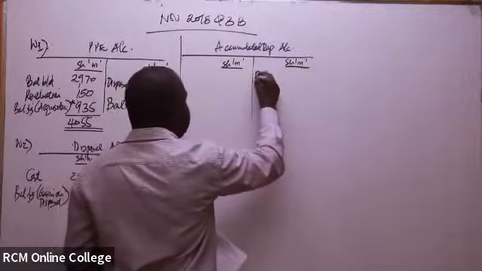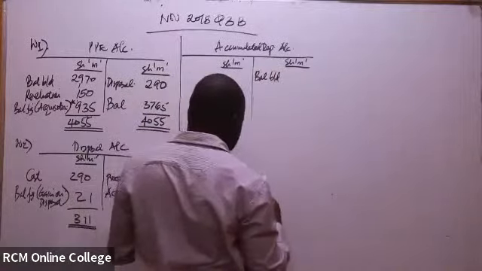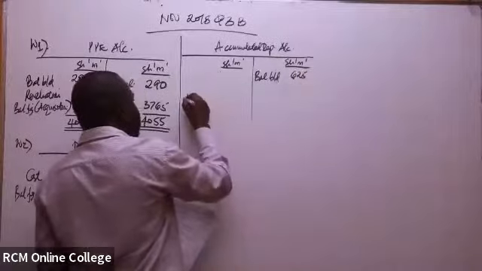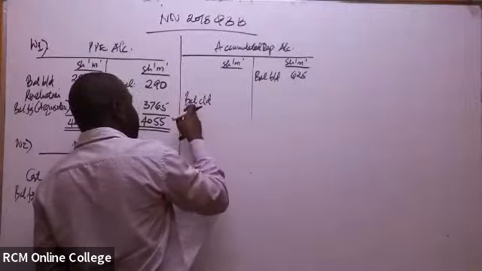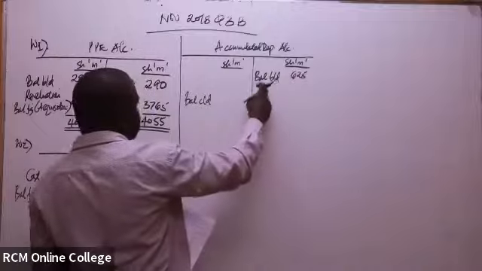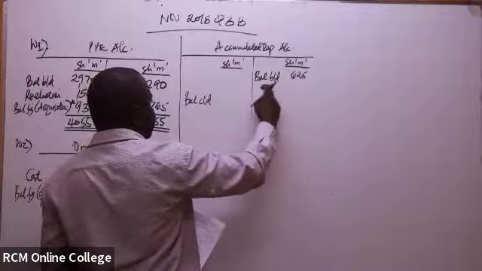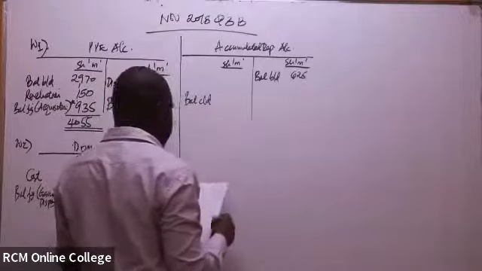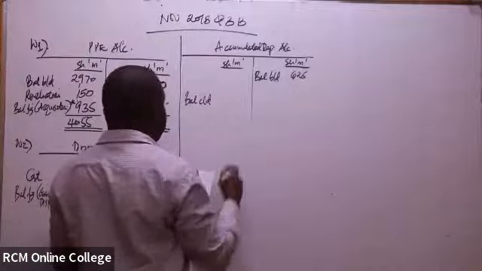So we have the balance brought down of 625. Then you have the balance carried down at the end of the year, which will come this side. You know how the accounts normally operate: the balance brought down in the accumulated depreciation is normally on the credit side. Then at the end of the year, we have 934.